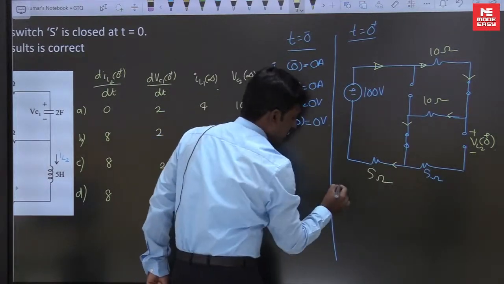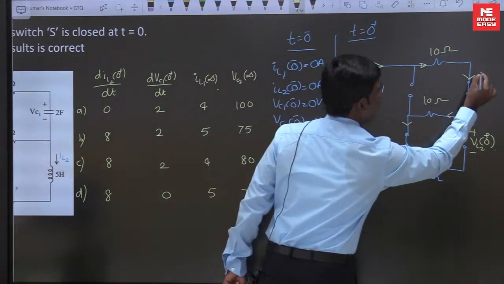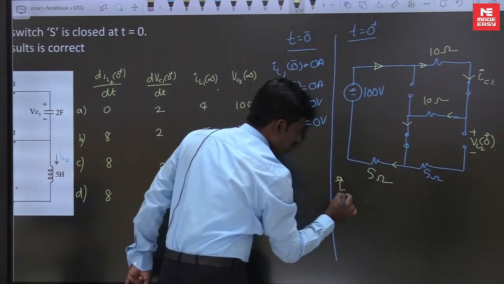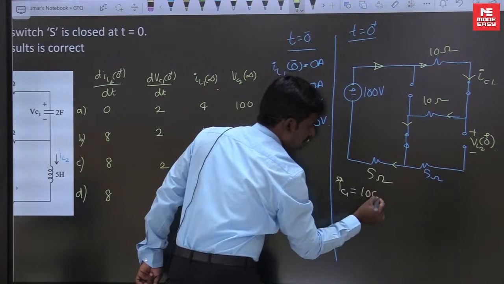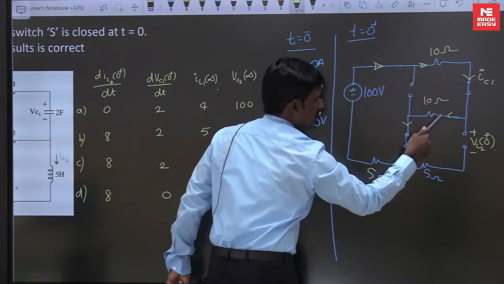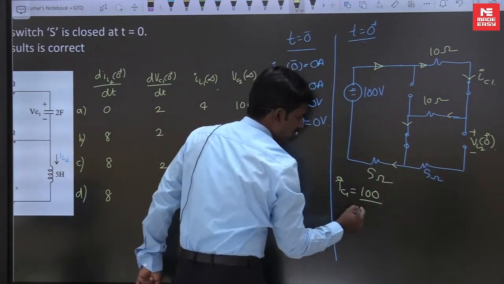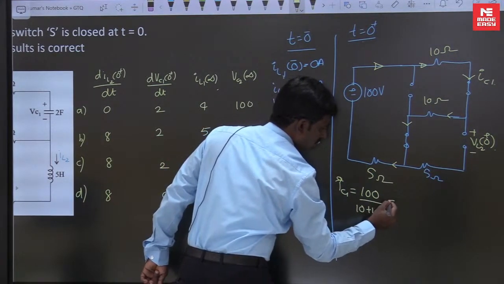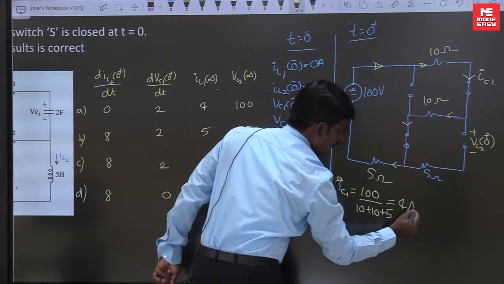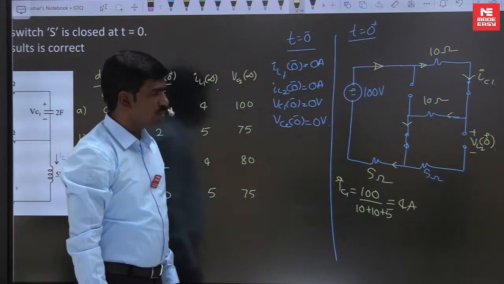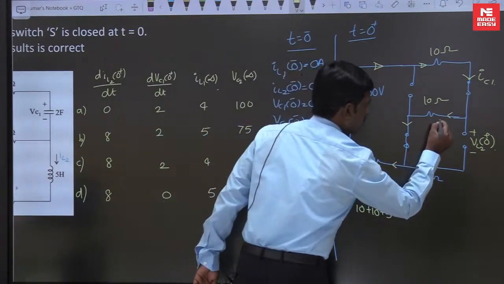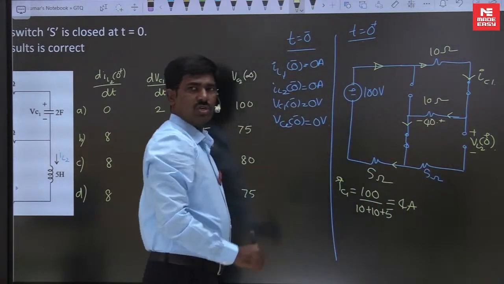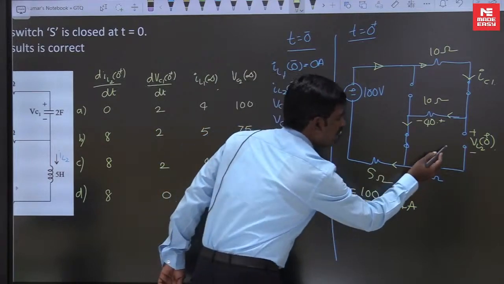So the current IC1 is equal to 100 upon 10 plus 10 plus 5. How much is this value? 100 by 25, 4 amperes. 4 amperes is flowing, so there is a 40 volts drop. Now apply KVL in this loop.